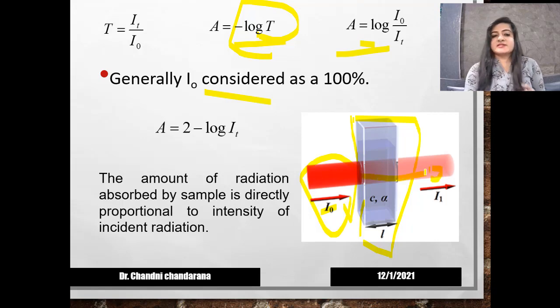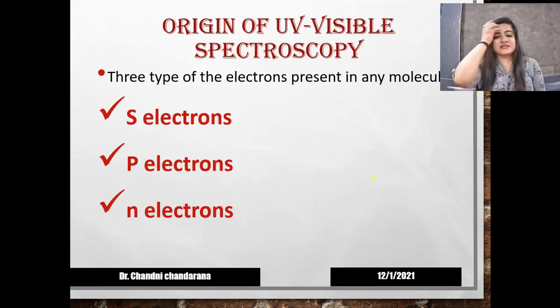Absorbance means some amount of light is absorbed here, and that we are going to measure by UV spectrometer.